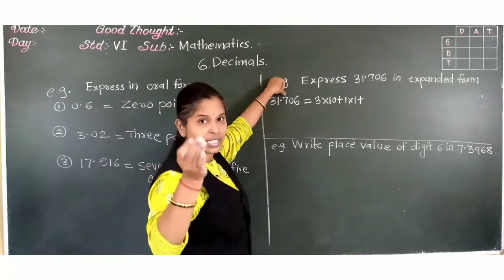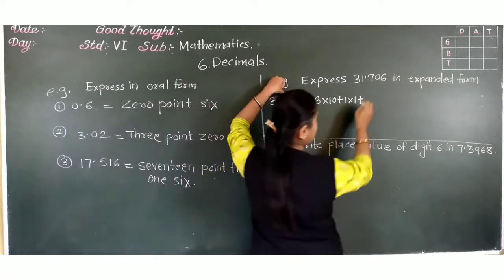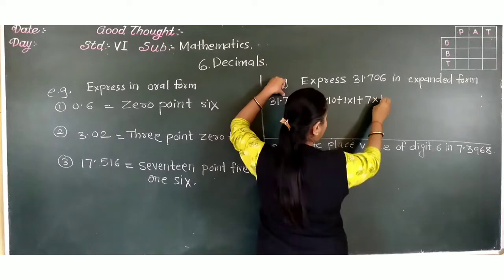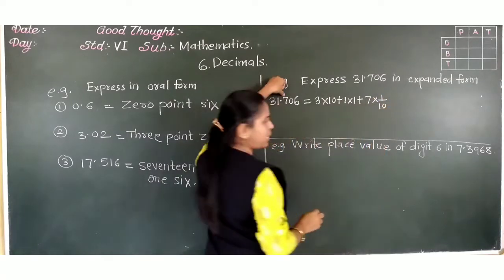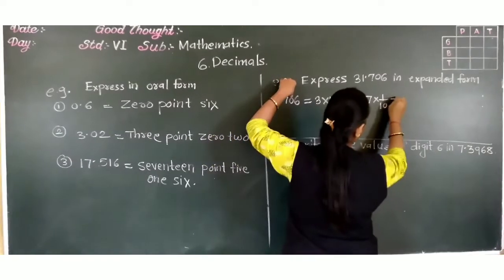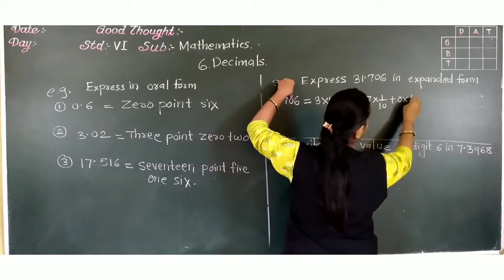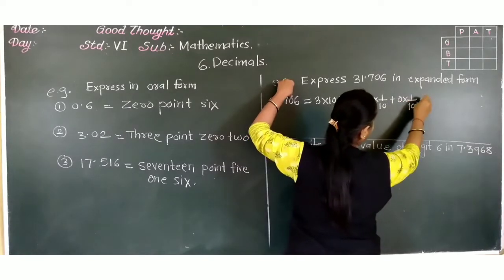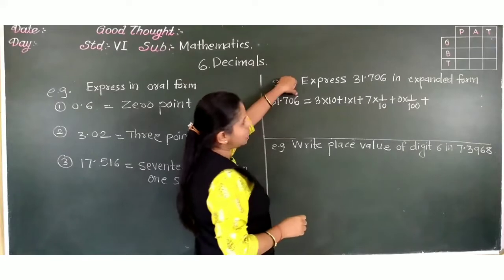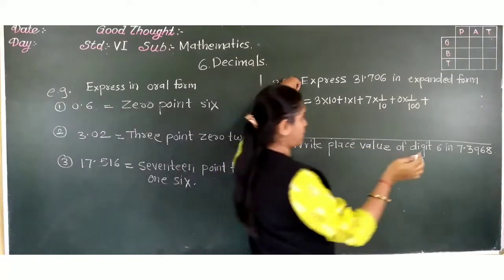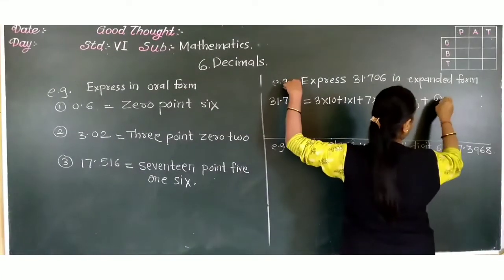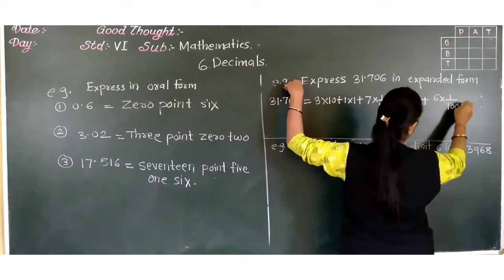Tenth place after the decimal, so we multiply 7 by 1 upon 10. Plus 0 is at hundredth place, so we multiply by 1 upon 100, plus 6 is at thousandth place, so 6 into 1 upon 1000.